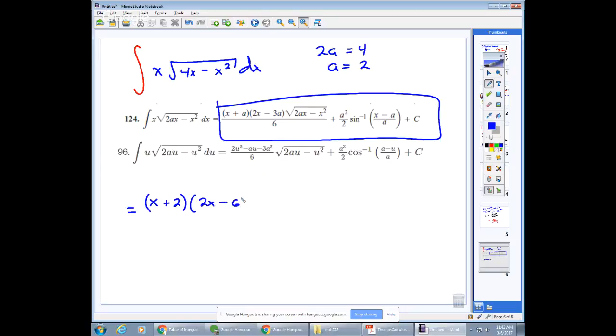Yeah, minus 6 times the square root of our original, so 4x minus x squared, all over 6, plus we will get an a cubed, so that's 8 over 2, which is 4, and ours has a sine inverse of x minus 2 over 2, and then plus C.